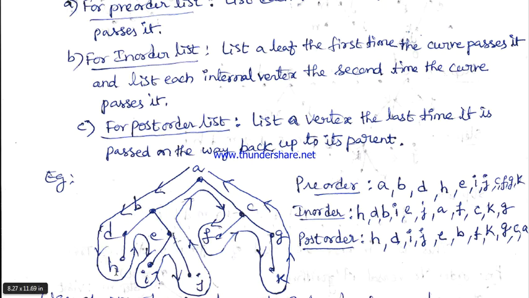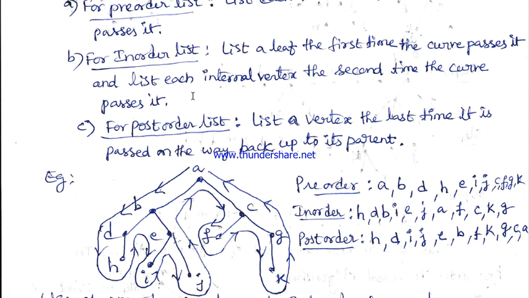Next D in the order, next H. So in the order of passing of the curve, we have E, next I, J, next C, F, G, K. So according to this shortcut method, the pre-order list of vertices is obtained by listing the vertices when the curve passes through them for the first time.